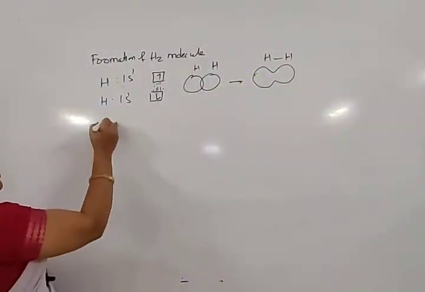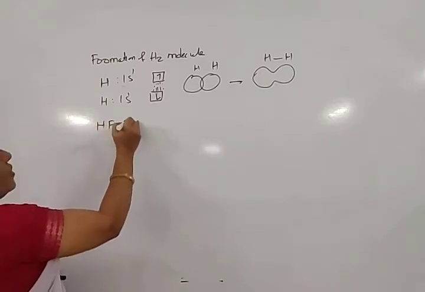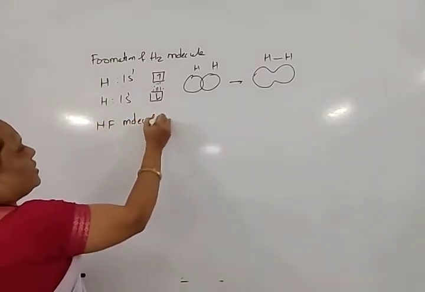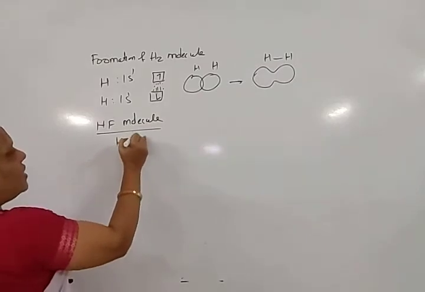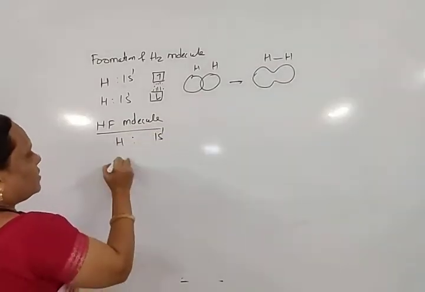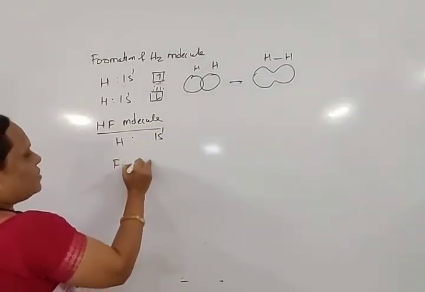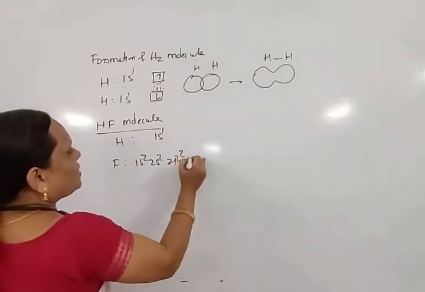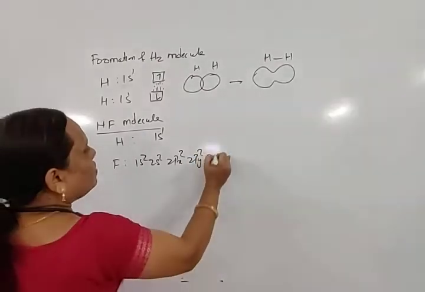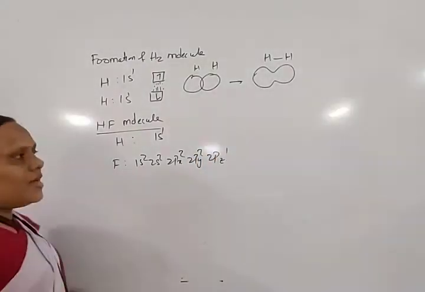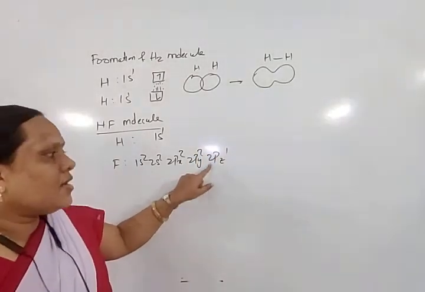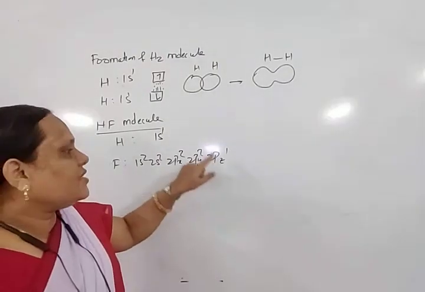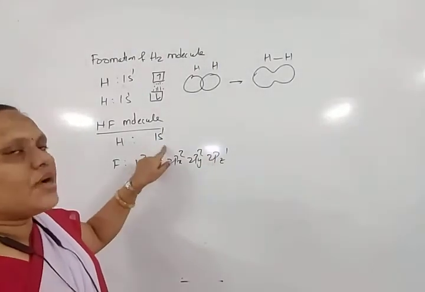Next come to formation of HF molecule. In HF molecule, hydrogen has electronic configuration 1s1, fluorine has electronic configuration 1s2, 2s2, 2px2, 2py2, 2pz1. As the z orbital has one electron, or is half filled, the pz overlaps with the 1s orbital.